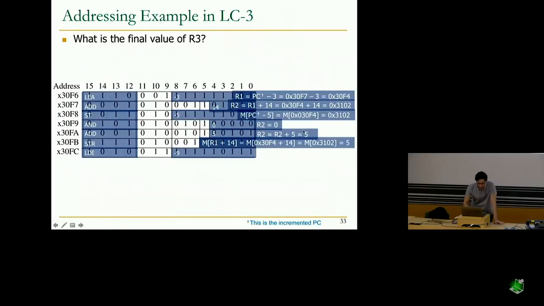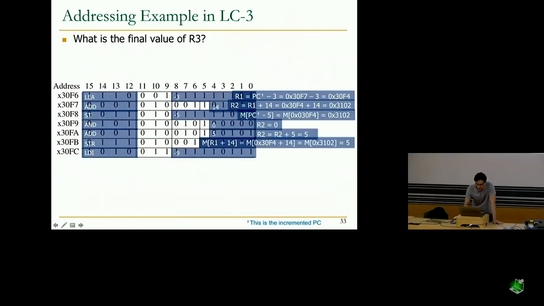And here, this is a store register. Observe, in a store register, we have one base register that is register 1, one source register that is register 2, and some immediate, 14.